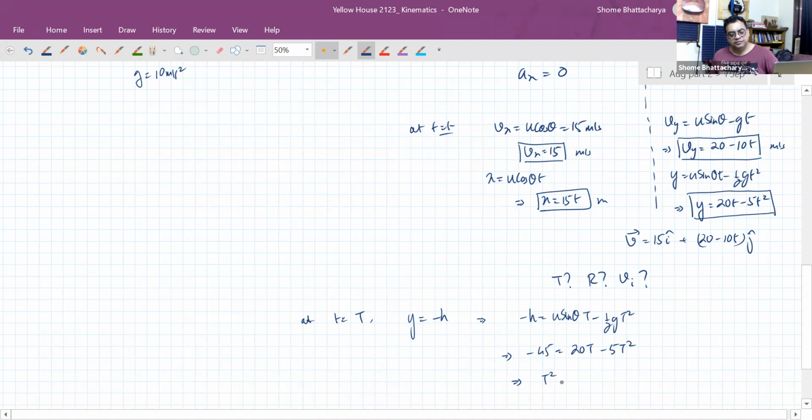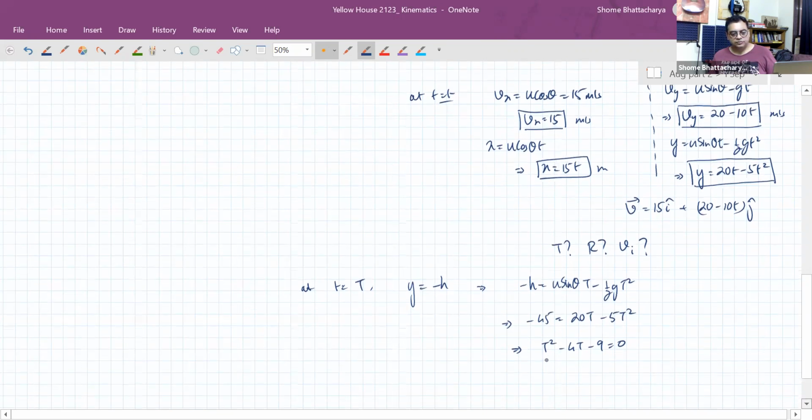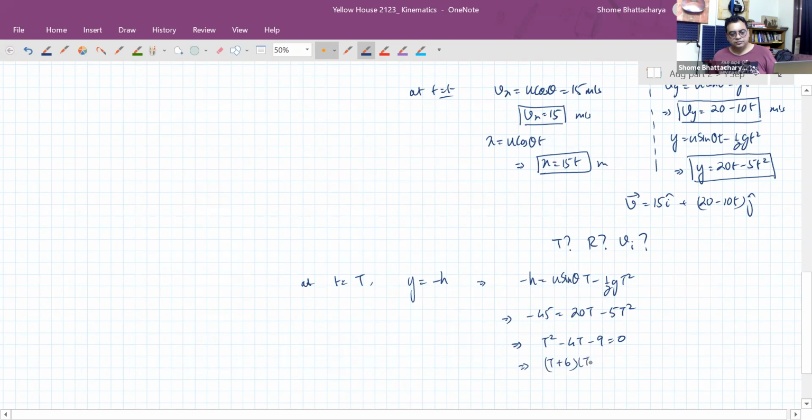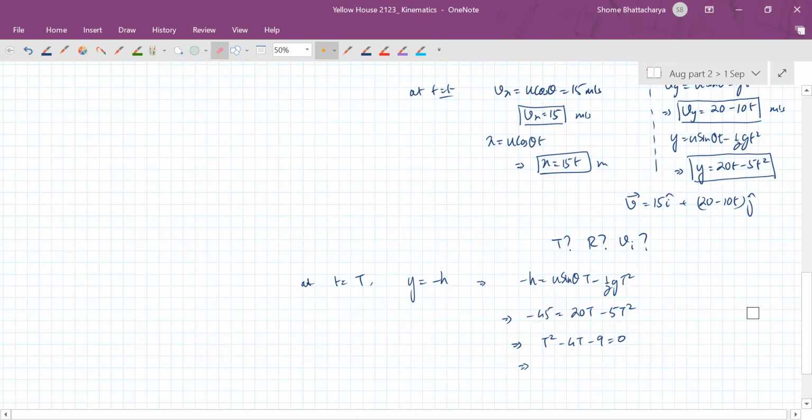So if we make this, other roots you are getting. So it's 4 plus minus 2 root 13 by 2.